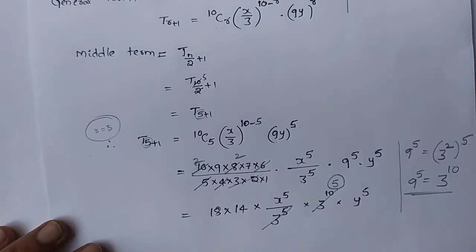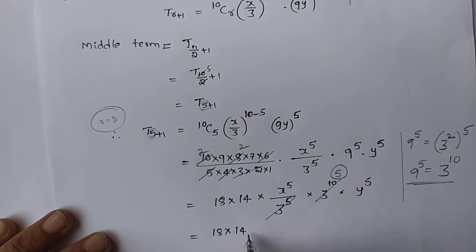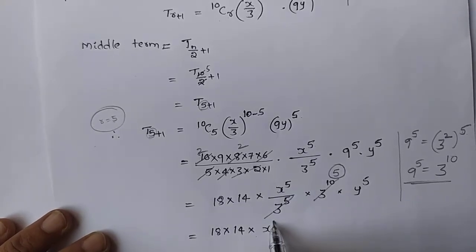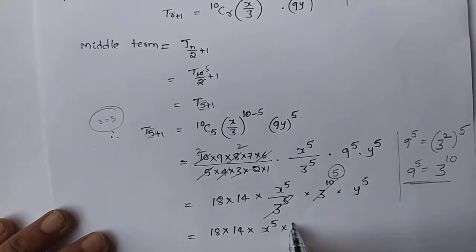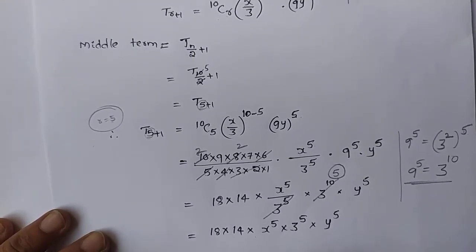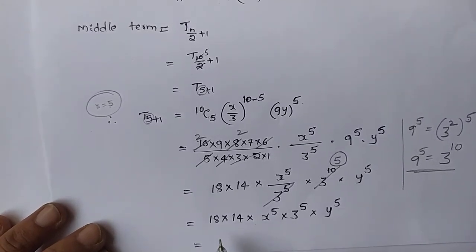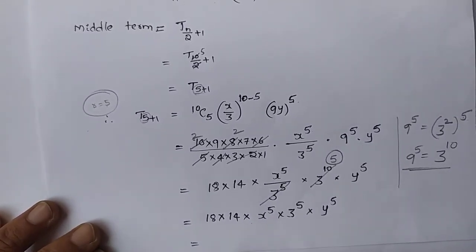Now once again, that is equals to 18 into 14 into x power 5 into 3 power 5 into y power 5. Now multiply these numbers by using a normal calculator.